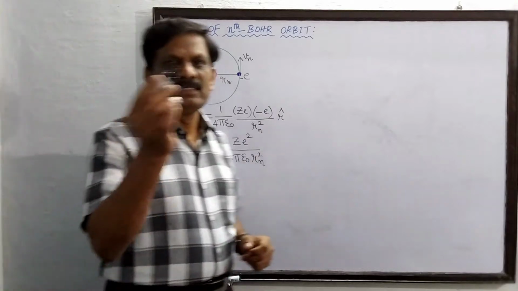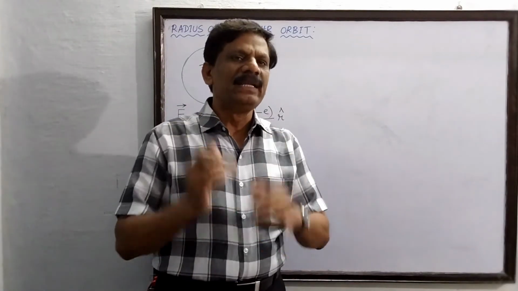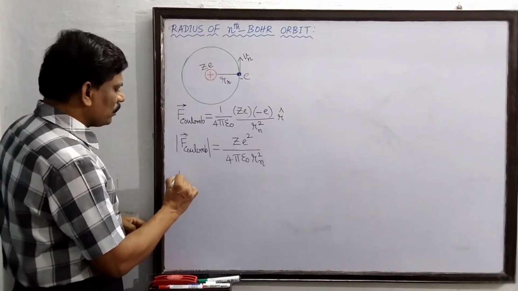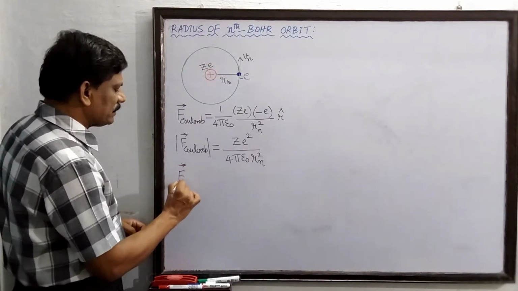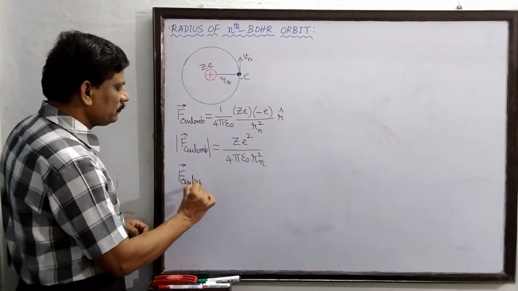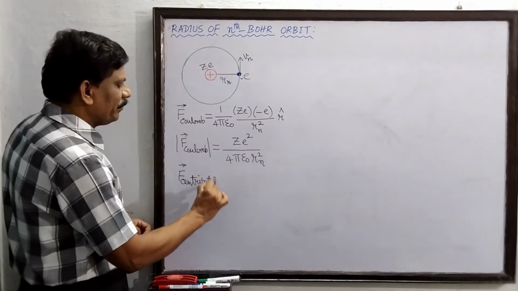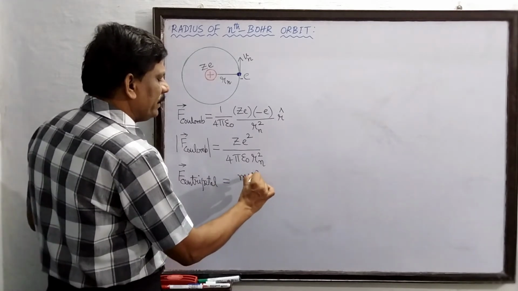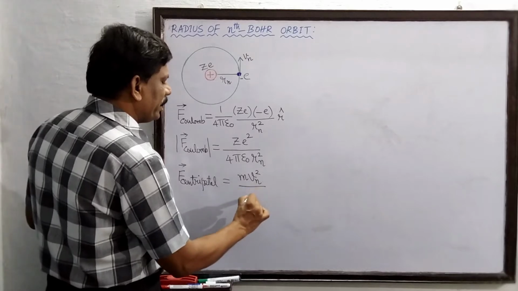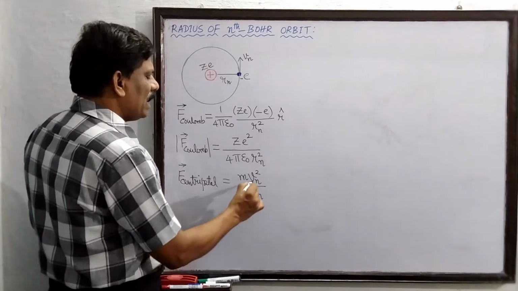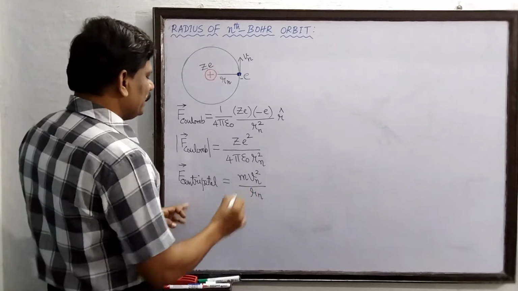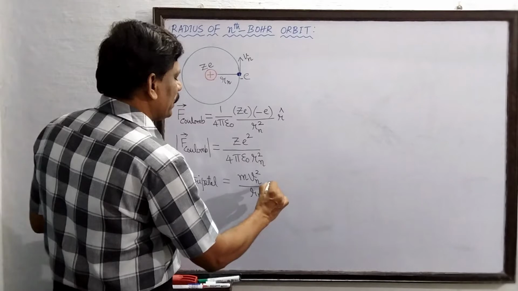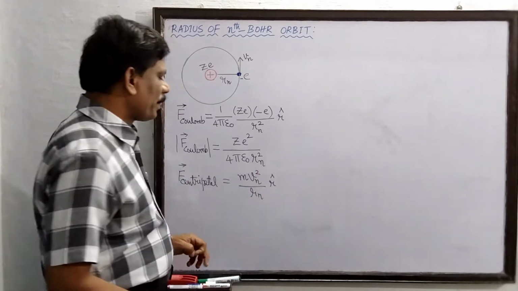Similarly, when the electron is revolving in a circular path, a centripetal force will be experienced by the electron. I will write the centripetal force in vector form first. This centripetal force is equal to the mass of the electron m into Vn square divided by Rn, mv square by r, and this is in vector form, so it is into r cap.